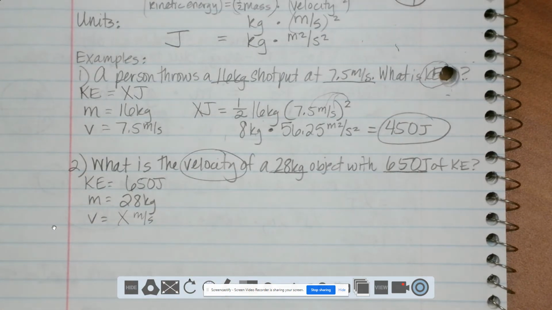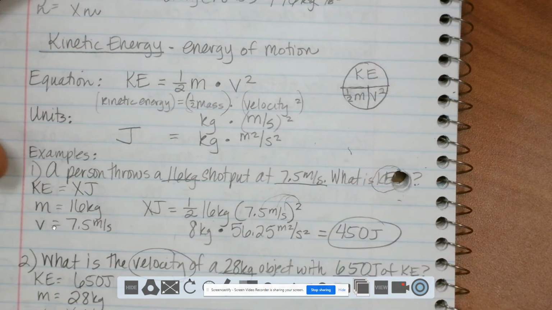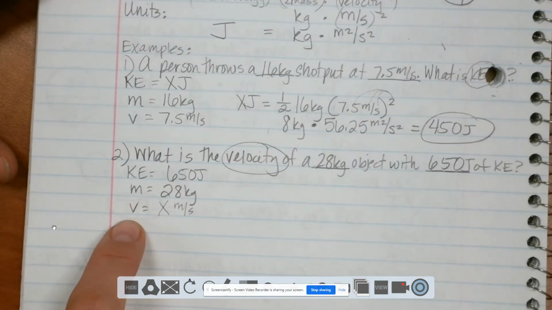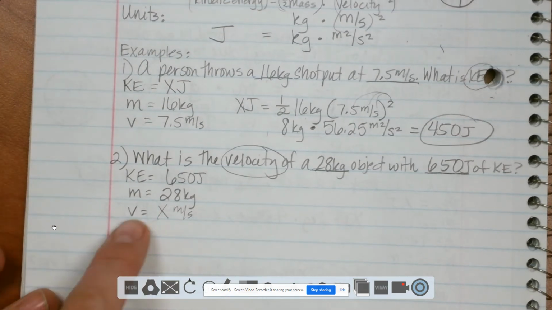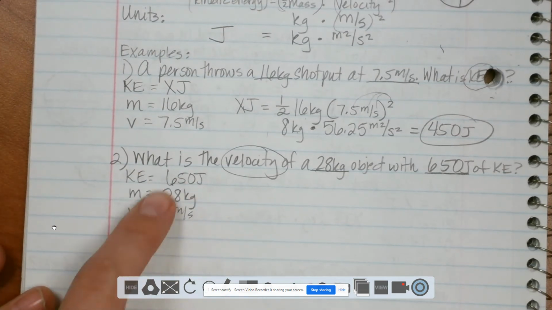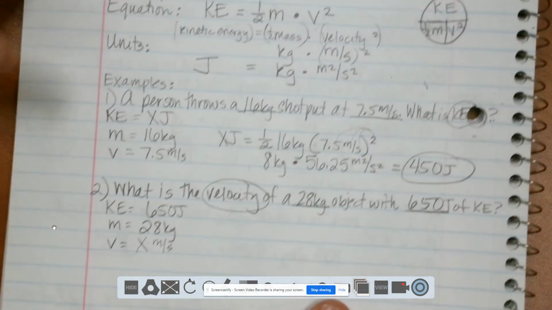Notice I didn't put the squared down here in the variables, because we're going to deal with the squared later once we plug everything in. So don't worry about squareds and halves when you're writing your variables. Just write them as is, and then we'll plug them into the equation with the halves and the squareds.